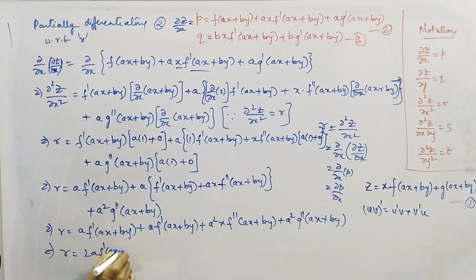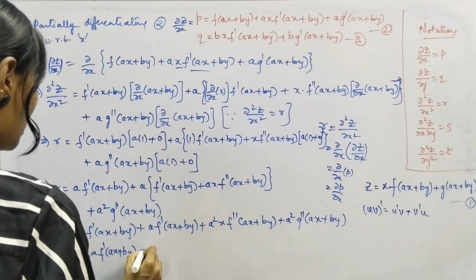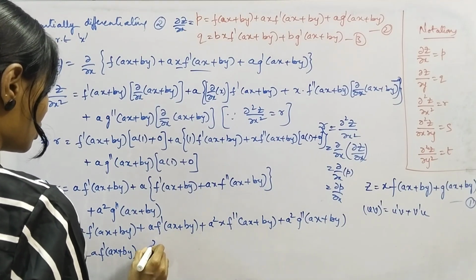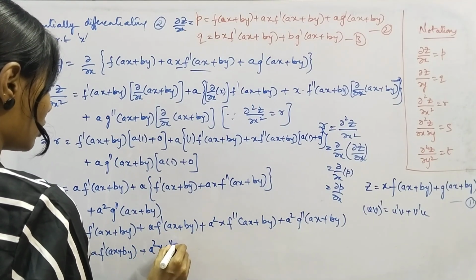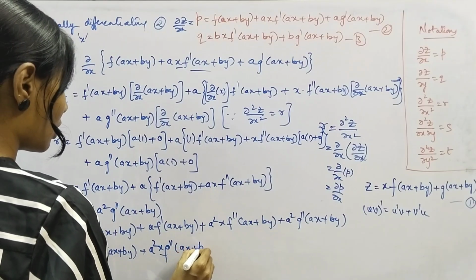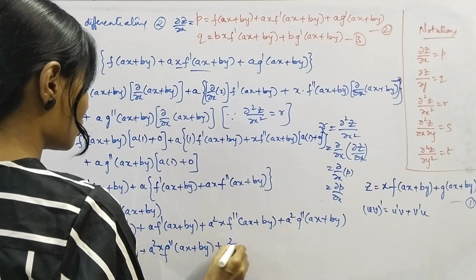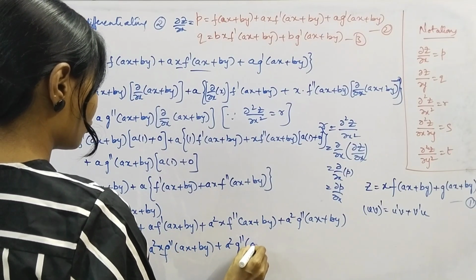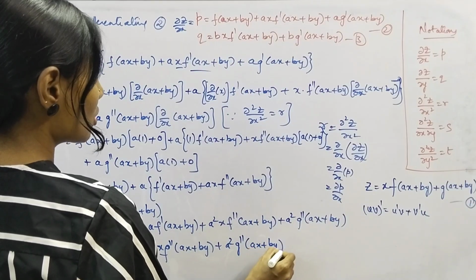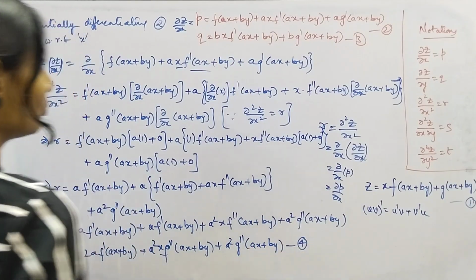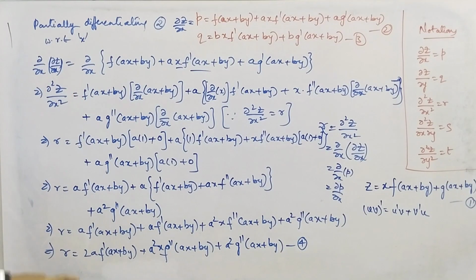F dash is nothing but f dash of ax plus by plus the remaining terms a square x f double dash of ax plus by plus a square g double dash of ax plus by. Now consider as equation number 4. So this equation involves r.